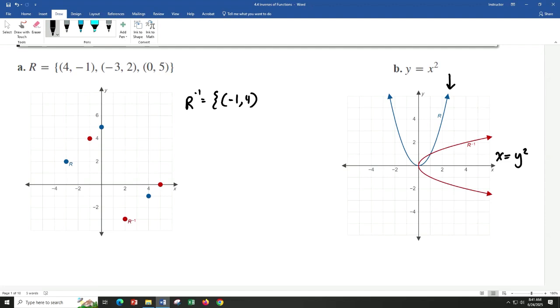But what do you notice about the inverse? What have we been studying over and over and over again? It's got to pass a certain test. Does it pass it? No. The inverse doesn't. Okay.